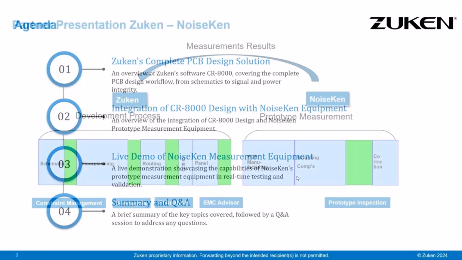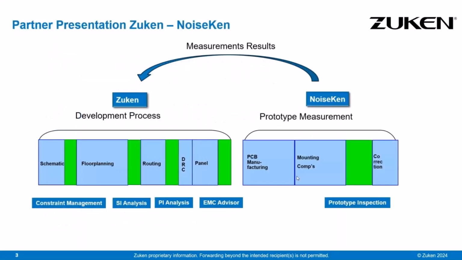So first of all, this slide illustrates the overall workflow, showing how the design process in CR-8000 seamlessly integrates with prototype measurements using NoiseKen. On the left side, we have the PCB development process using Zuken's CR-8000.